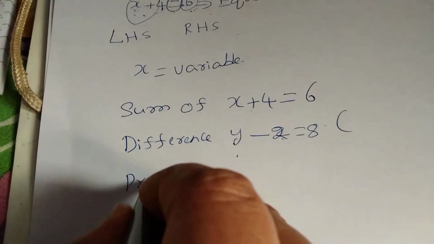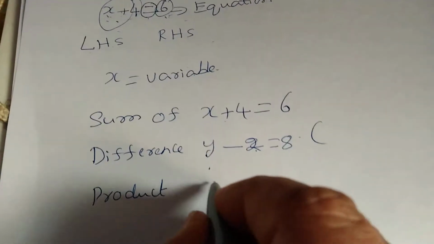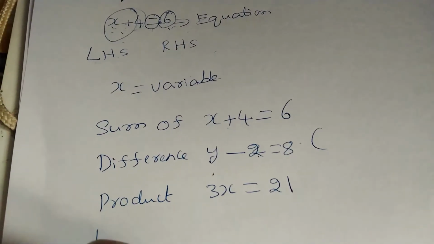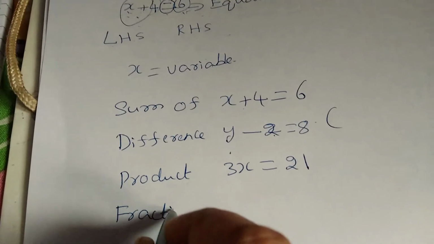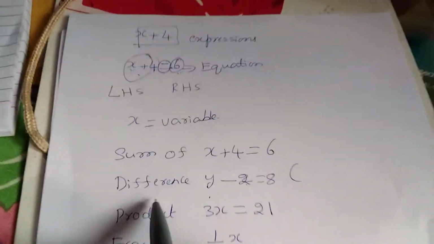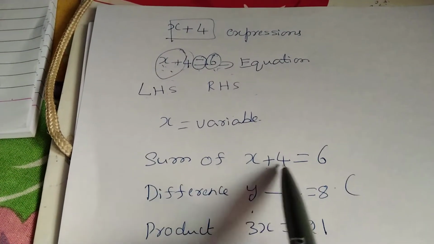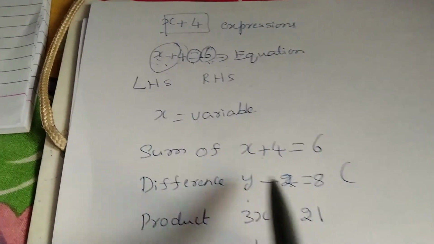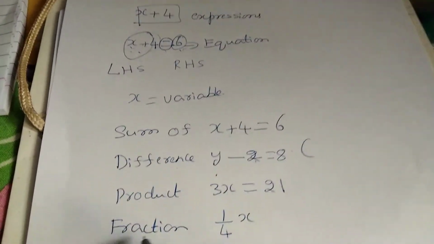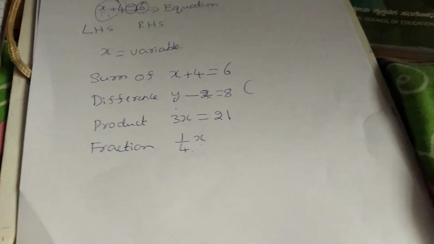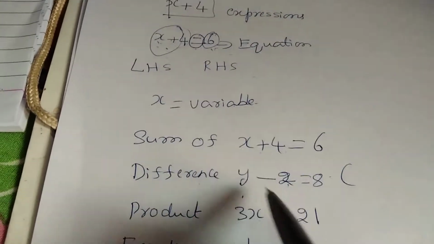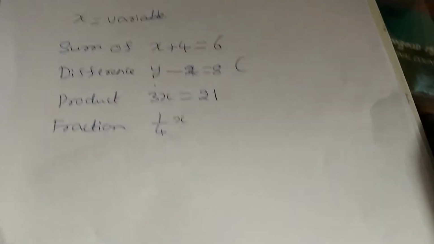Next, product means multiplication: product, 3x is equal to 21, or fraction, 1/4 of x. So equations can be the sum, x plus 4 is equal to 6; difference, y minus 2 is equal to 8; product, 3x is equal to 21; fraction, 1/4 of x. In the forms of these four mathematical expressions, we can write equations.